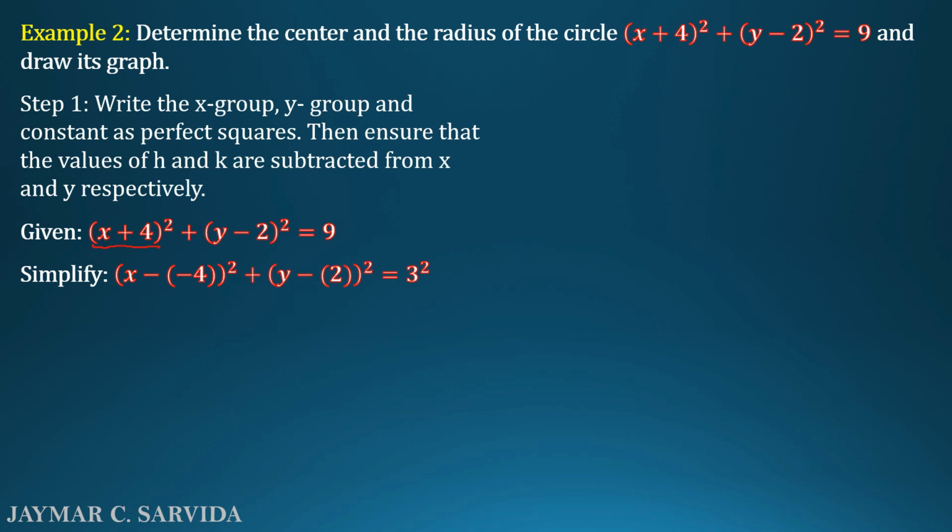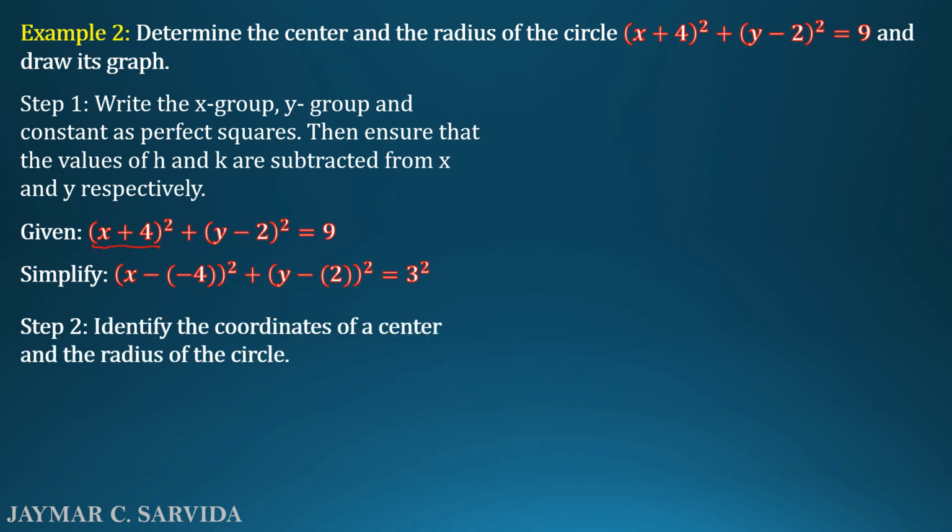So that becomes quantity of x minus negative 4 squared plus quantity of y minus positive 2 squared equals 3 squared. Our 9, its perfect square is 3 squared. And then proceed to step 2. Identify now the coordinates of the center and the radius of the circle.